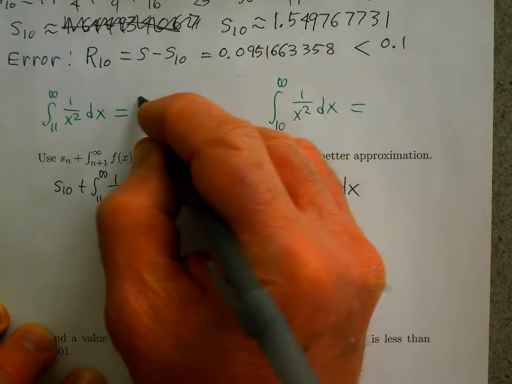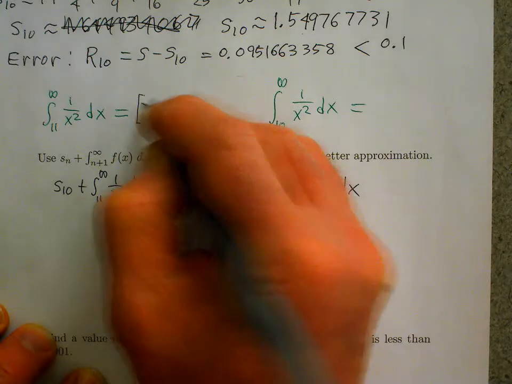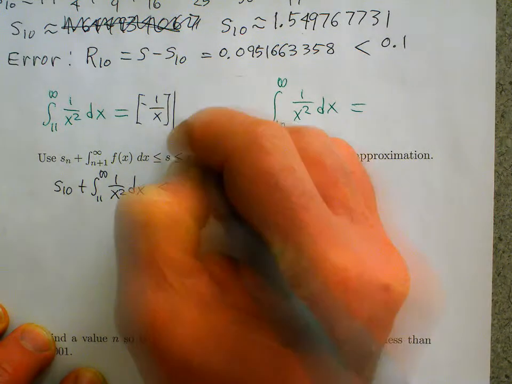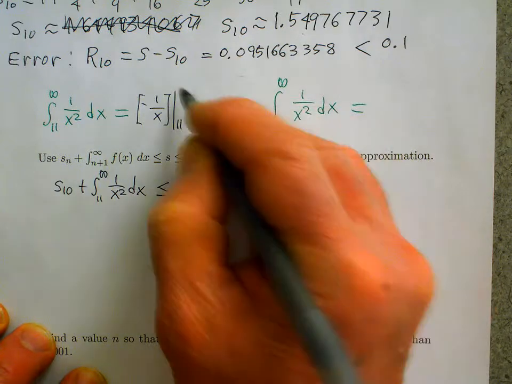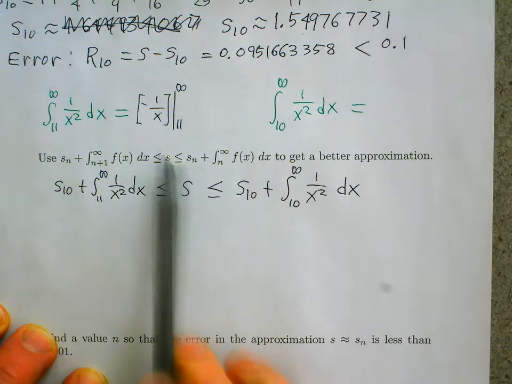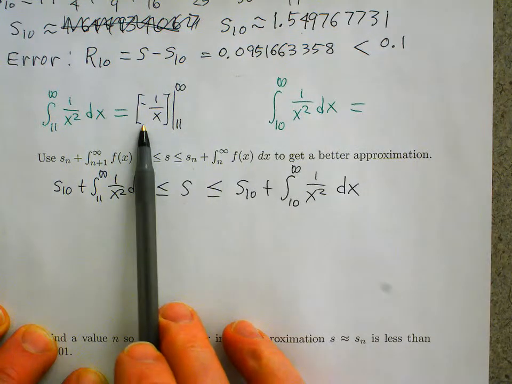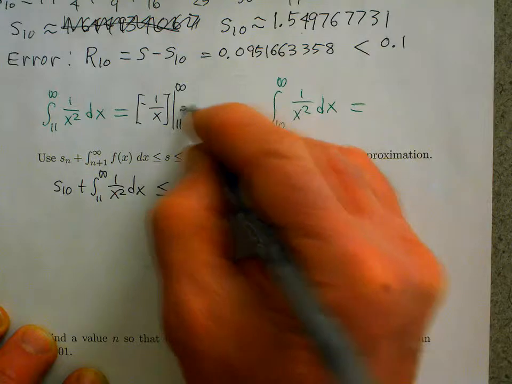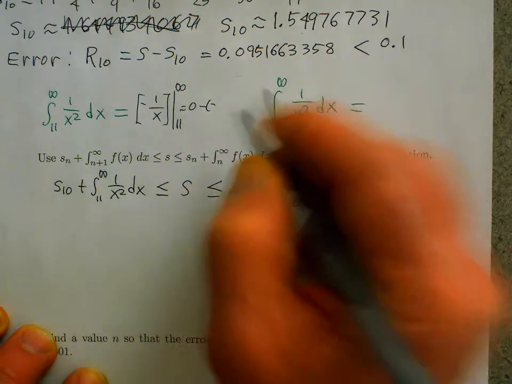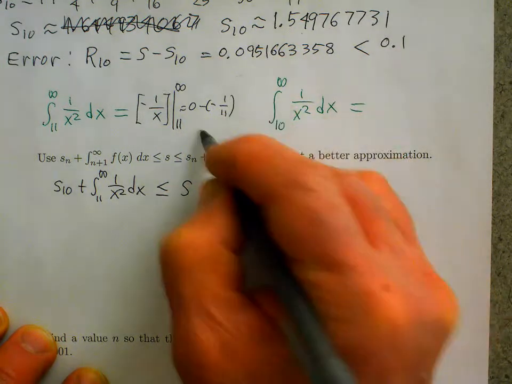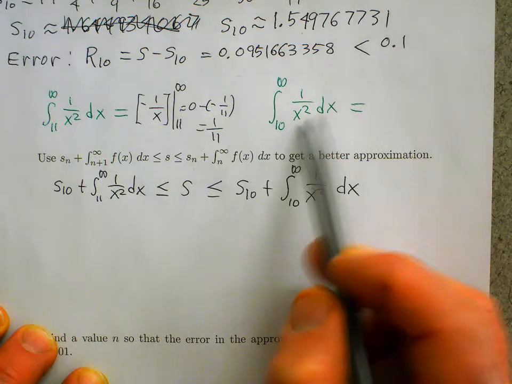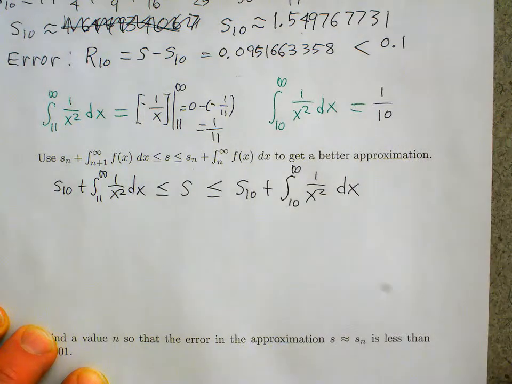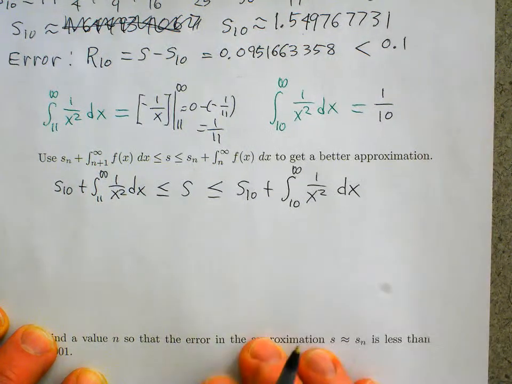Negative 1 over x from 11 to infinity. This is going to be 0, and then it's 0 minus negative 1 over 11, or 1/11th. This one's going to turn out to be 1/10. Are we all in agreement?